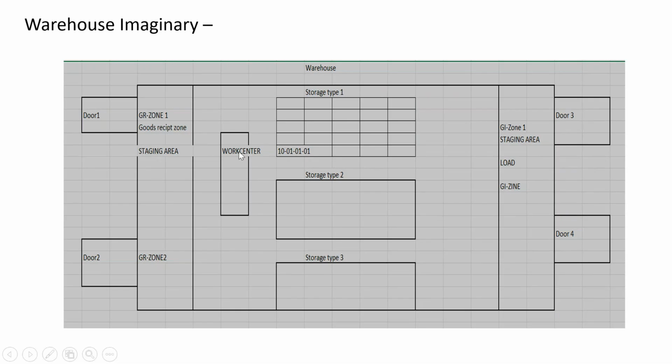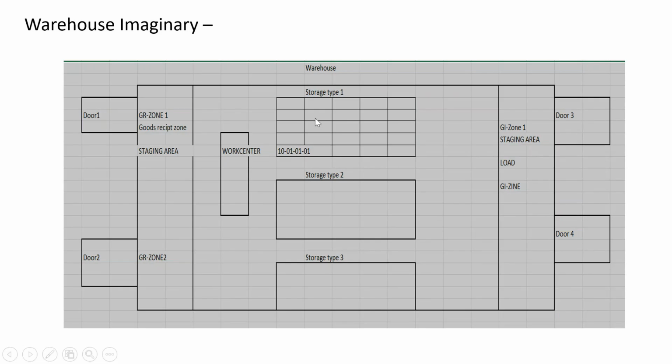So in the work center, we unpack the pallet, unpack the carton box, unpack the HU, the handling unit, and based on the product type, we accommodate it into each storage type.